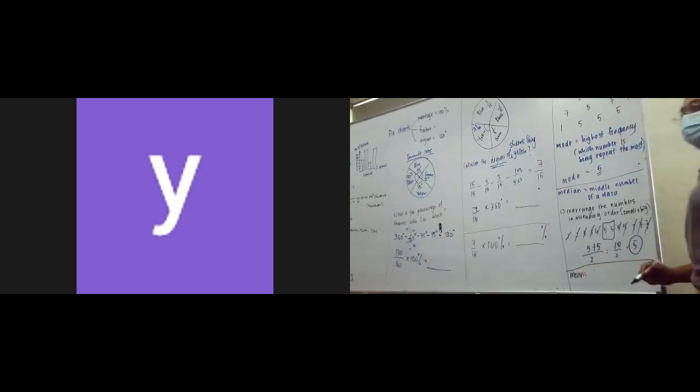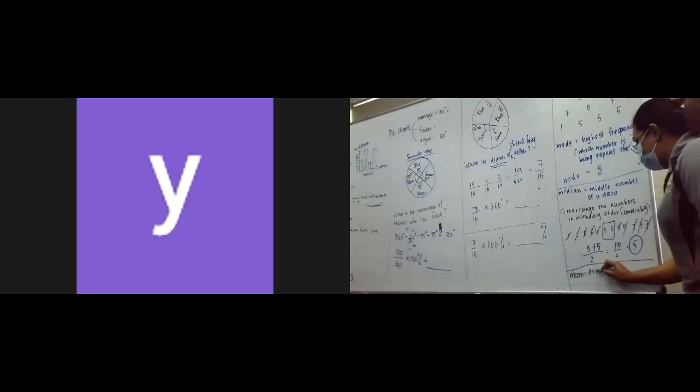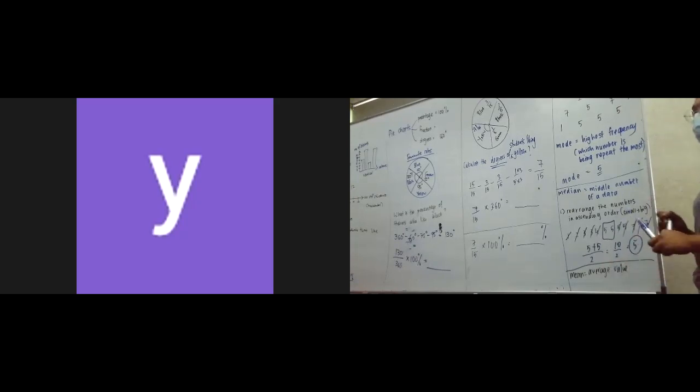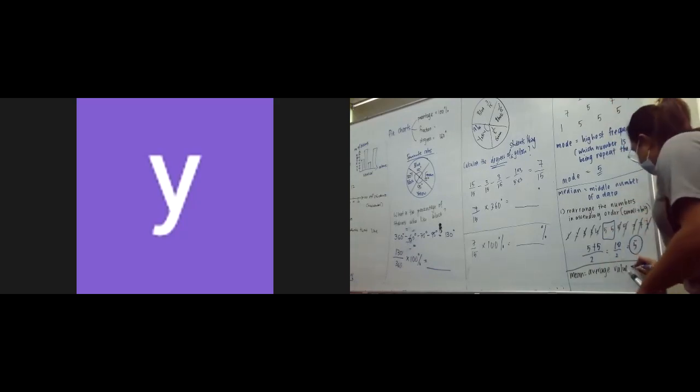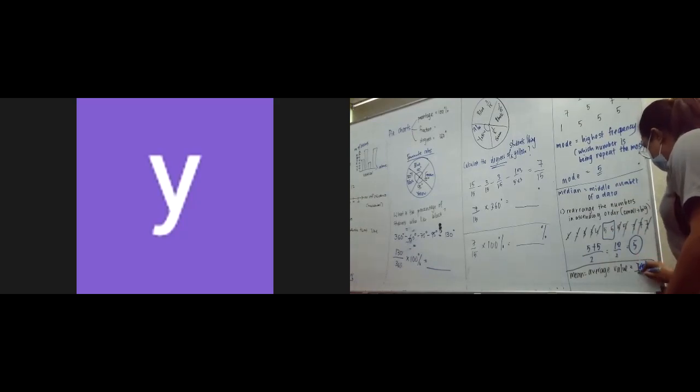Okay, now the last one, mean. What is mean? It is the average value. For mean, you add all the data and divide by the total number. So it's total divided by number.